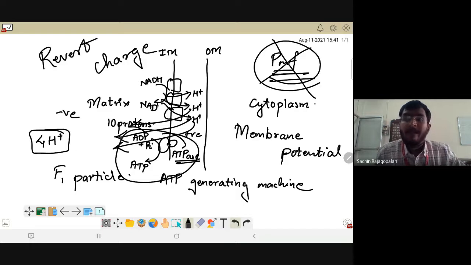So 10 divided by 4 gives me the total number of ATPs that I can generate from 1 NADH molecule. Is that making sense?